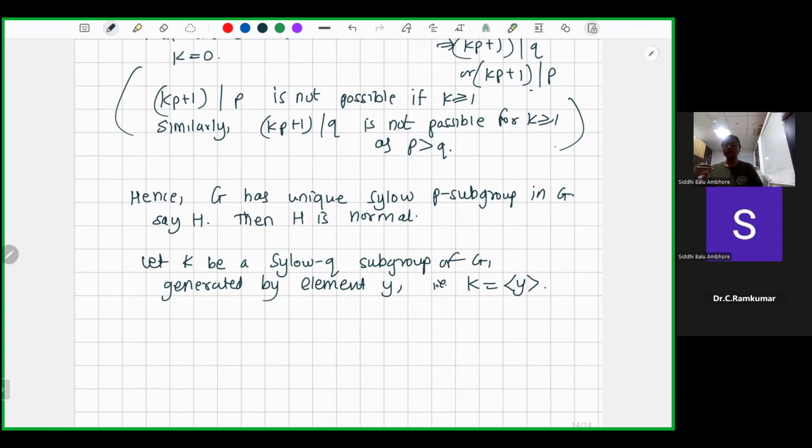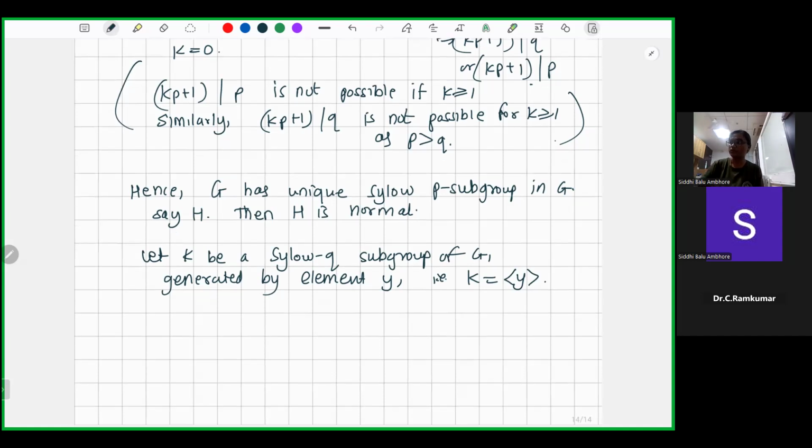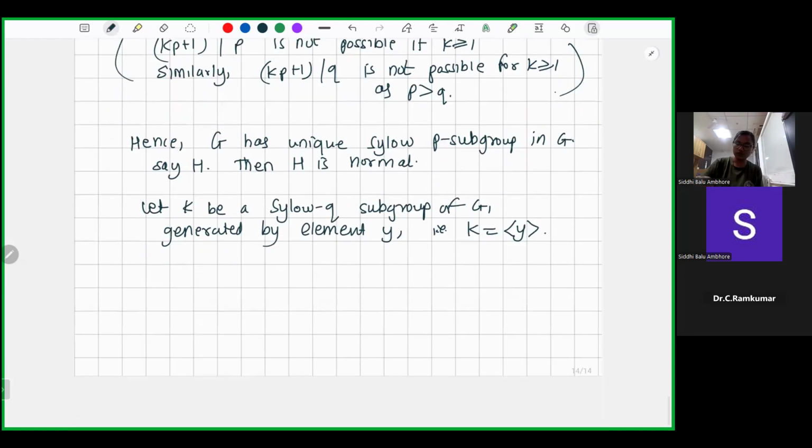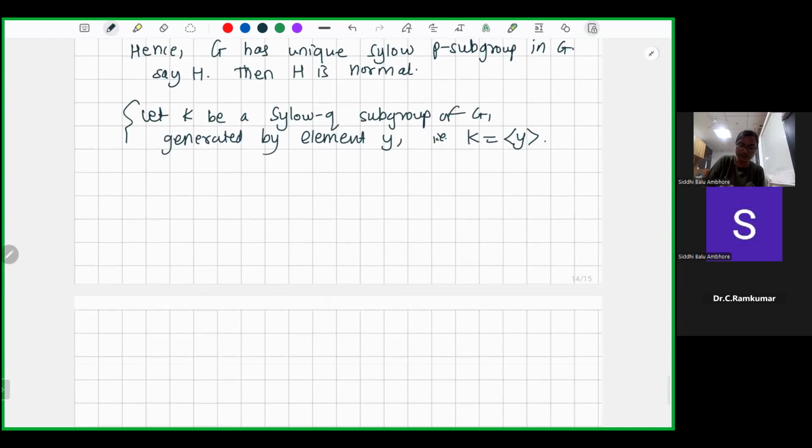And since it is a subgroup of order Q, and Q is prime, I get that K is cyclic and generated by some element Y. This is just the existence from Sylow's theorem.